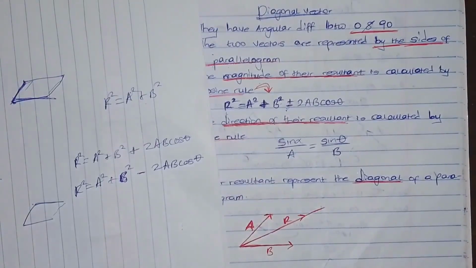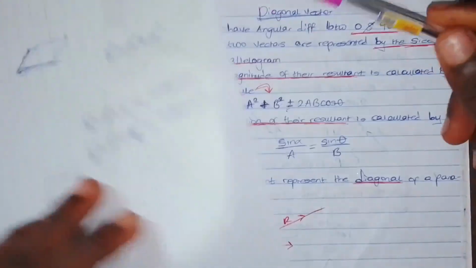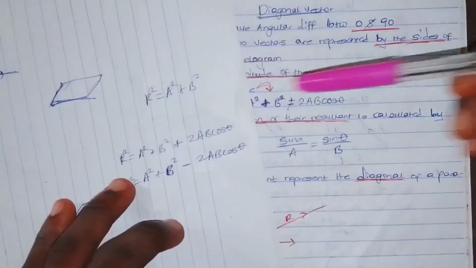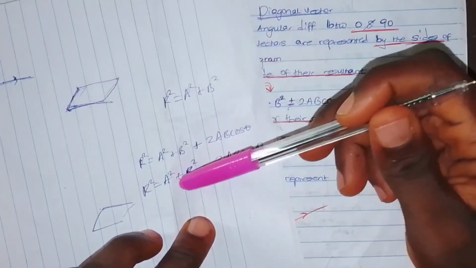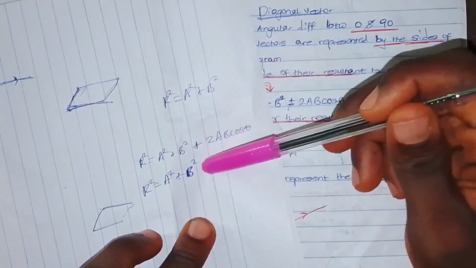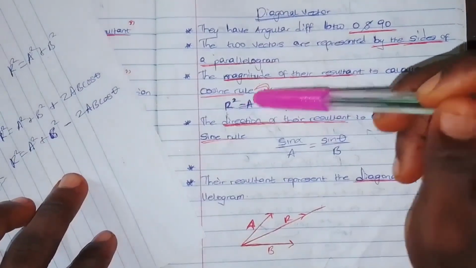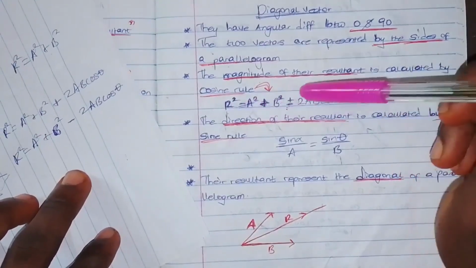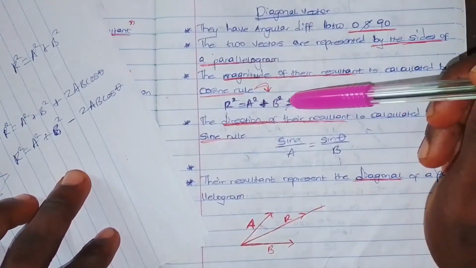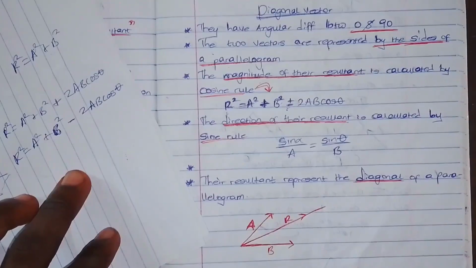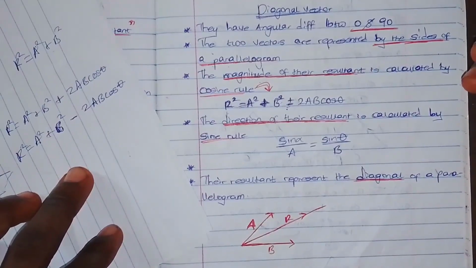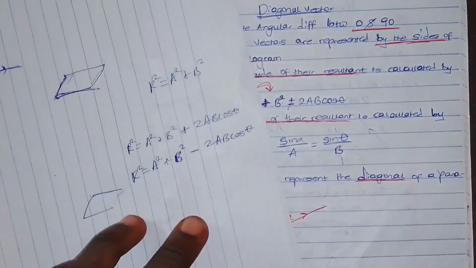So the equation of cosine rule is of two types. Please, most students misplace the minus here. It can only be in this place. Remember, it's plus or minus. So the first part is always plus, while the second part can be plus or minus depending on the question they give you.